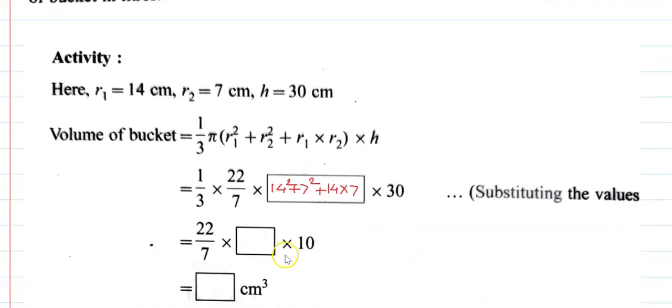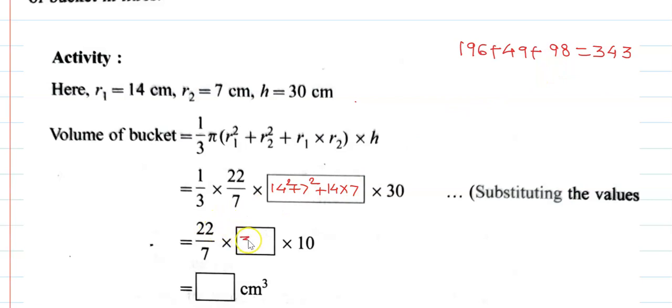Next we simplify: 30 upon 3 is 10. Now we have to do this simplification. 14 square is 196, plus 7 square, 49, plus 14 into 7, that is 98. The addition of 196 plus 49 plus 98 is 343.